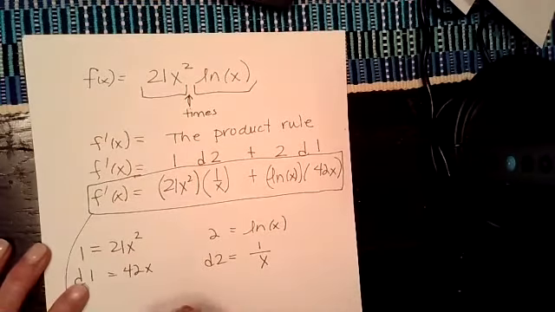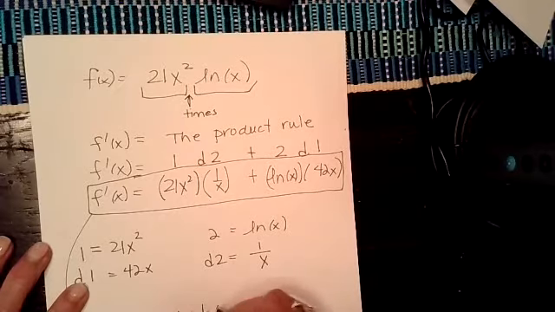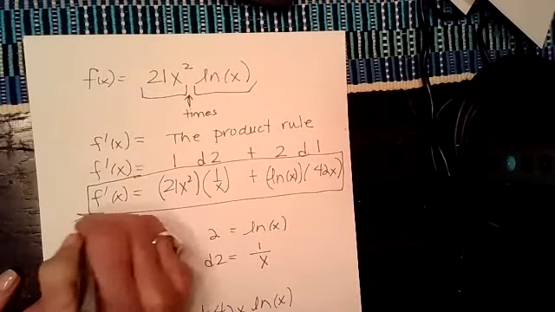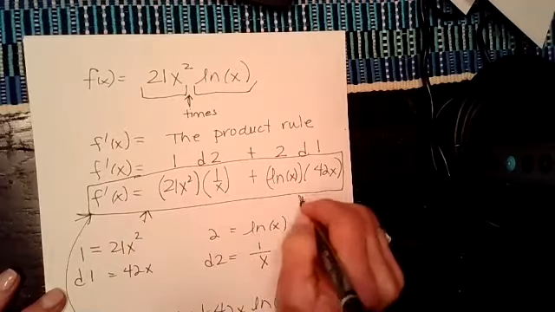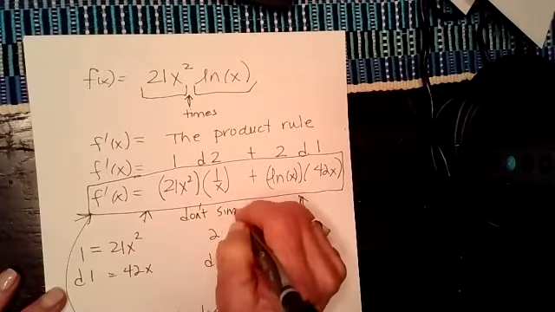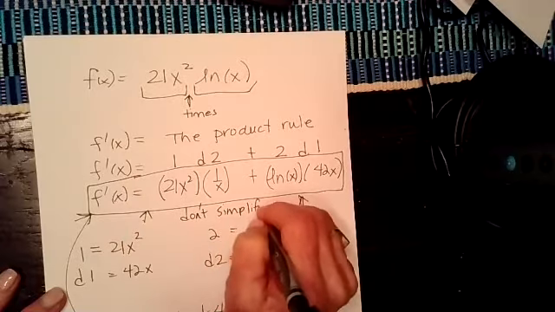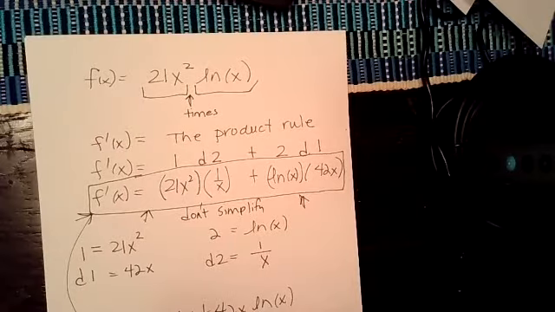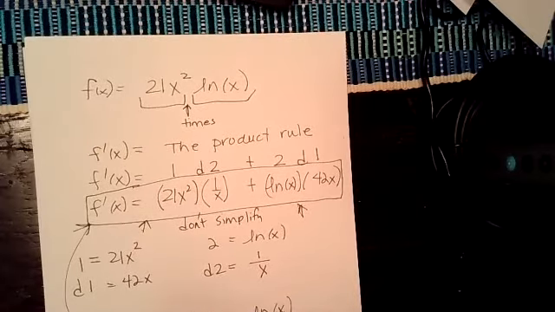Yes. Hawks will call that 21x plus 42x ln of x, but you don't have to do that. This is perfectly fine. Okay. All right, we've never simplified the product rule. No need to start now.